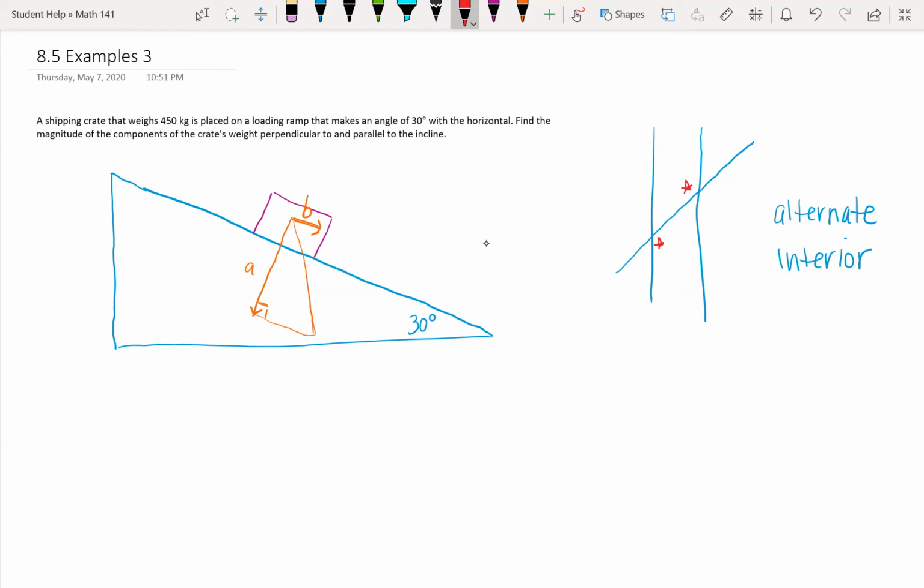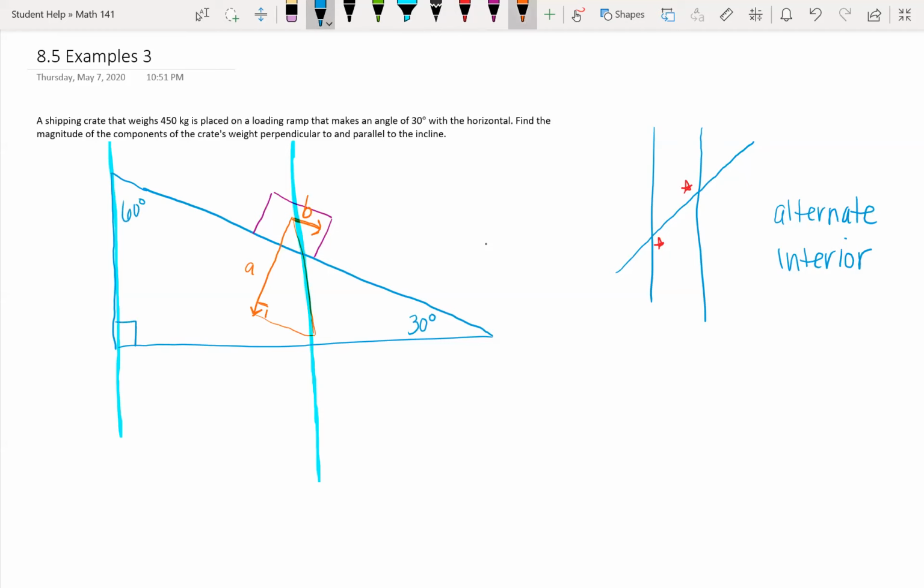I'll use the highlighter, this line here, and this line here are parallel to one another. I know that this angle over here is 60 degrees because this is a right angle, right? And I've got this large blue triangle that's happening.